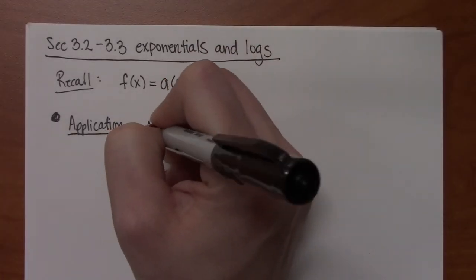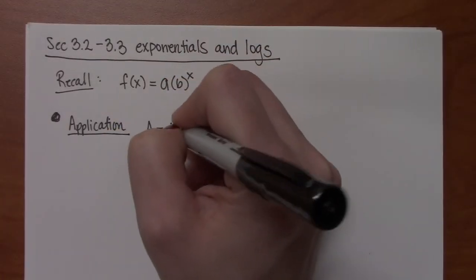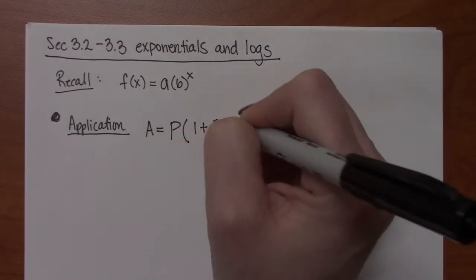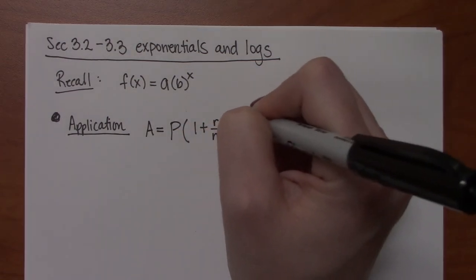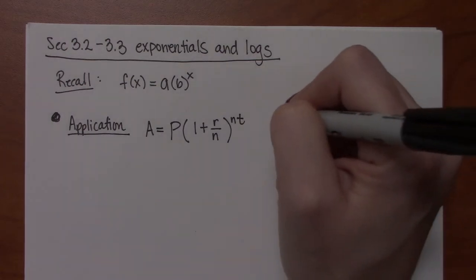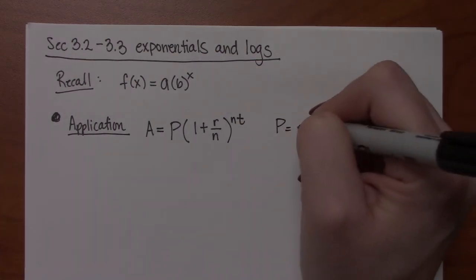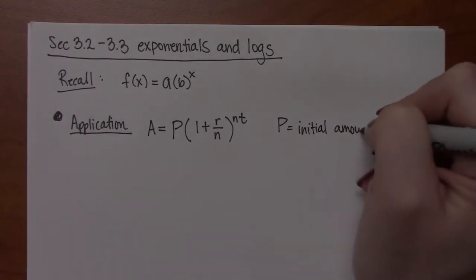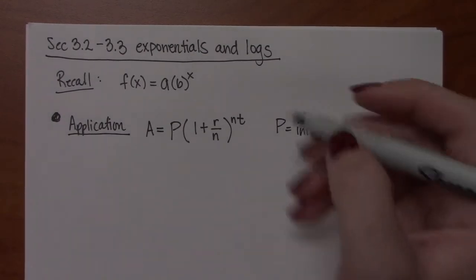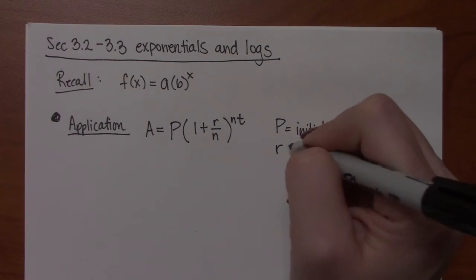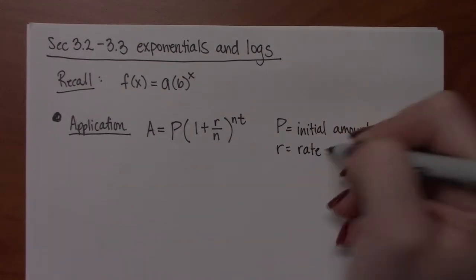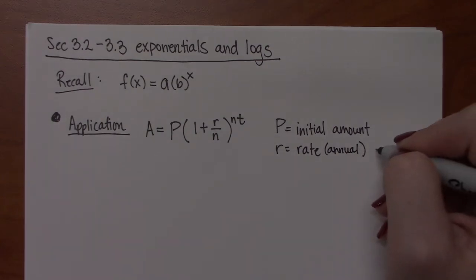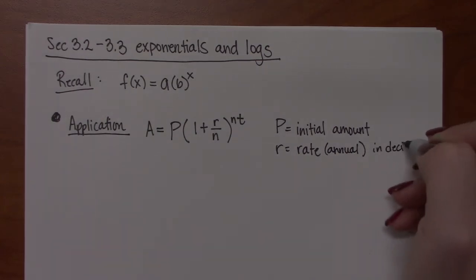So the formula that we use is the following. Where P is the principal, or that's another way of saying the initial amount. R is the rate, and it's the annual rate in decimal form.